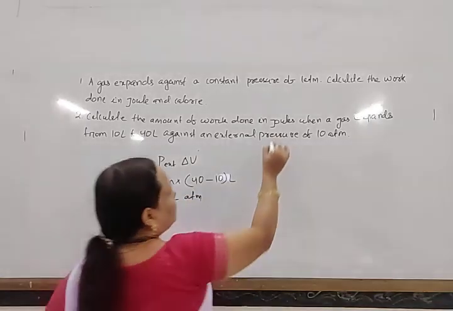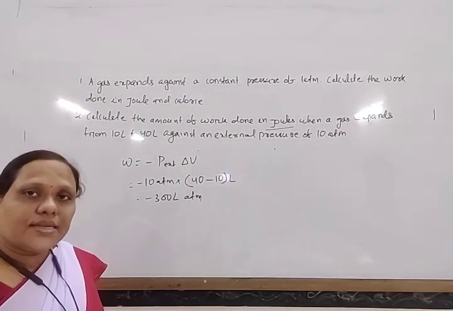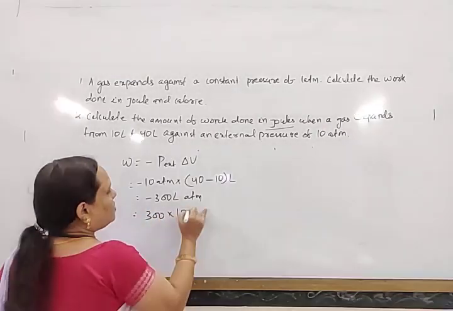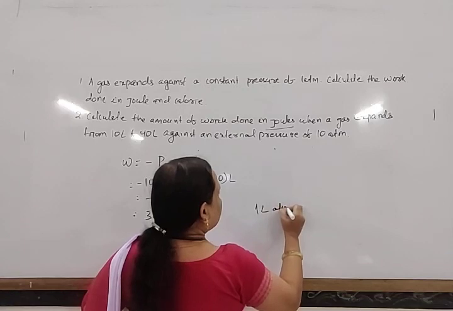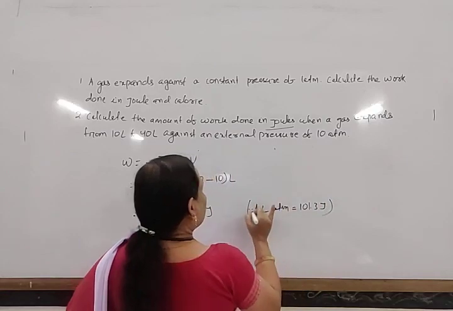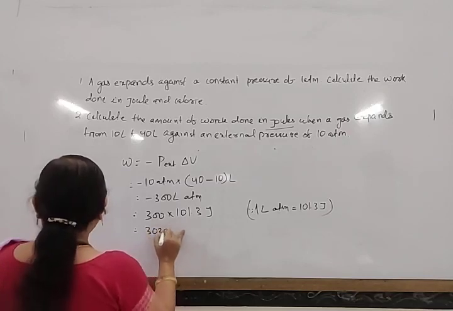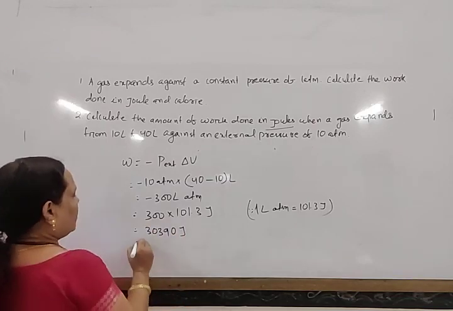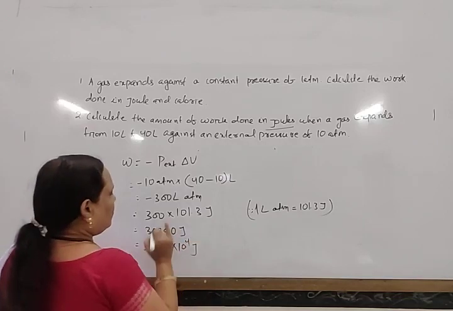But the question asks for joules, and you know 1 liter atmosphere is equal to 101.3 joule. So it is equal to 300 into 101.3 joule. Multiply and you will get 30390 joule, that is 3.039 into 10 to the power 4 joule.